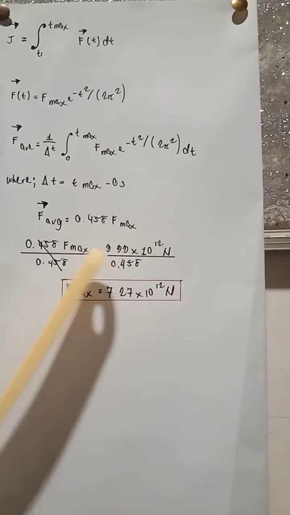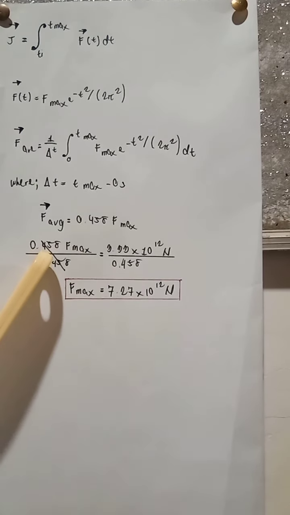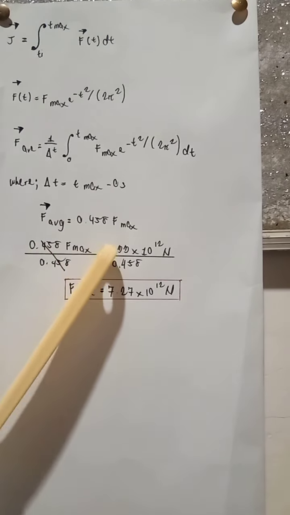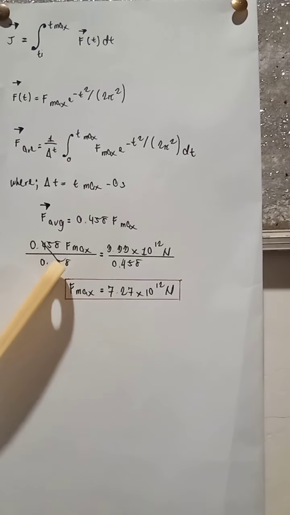So we're going to substitute 0.458 F max over 0.458.